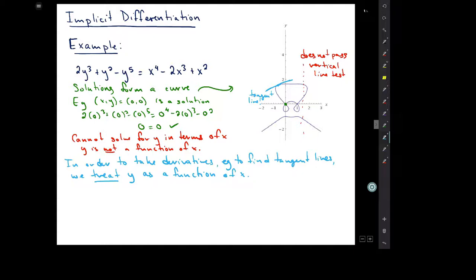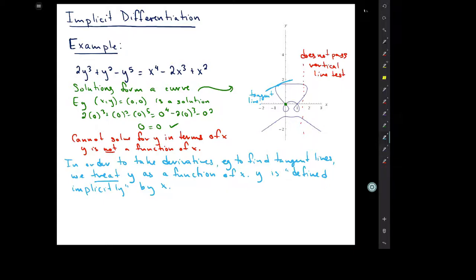So it's not a function of x, but we say that y is, quote, defined implicitly by x. And this is why this method that I'm about to show you is what's called implicit differentiation.